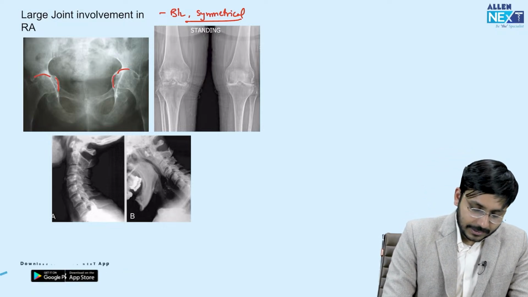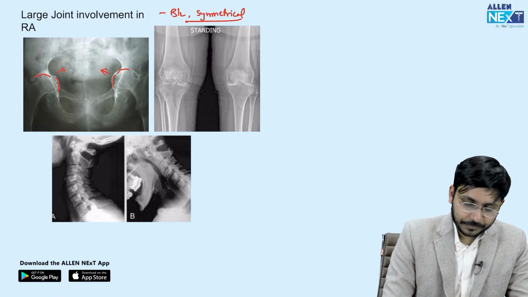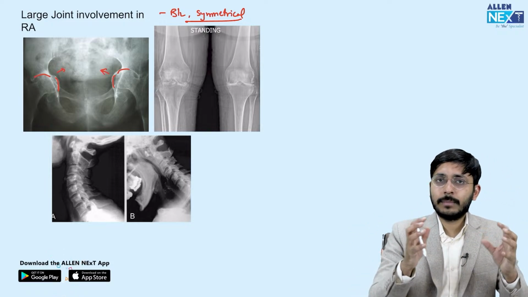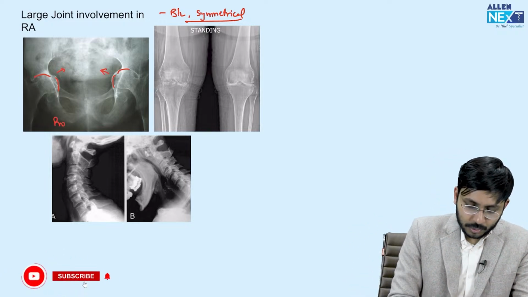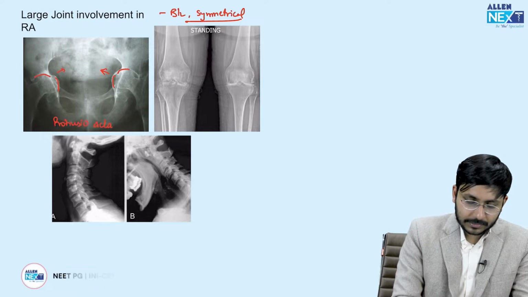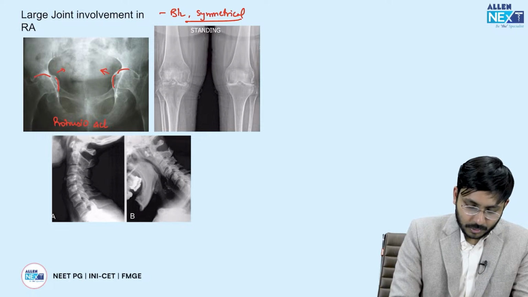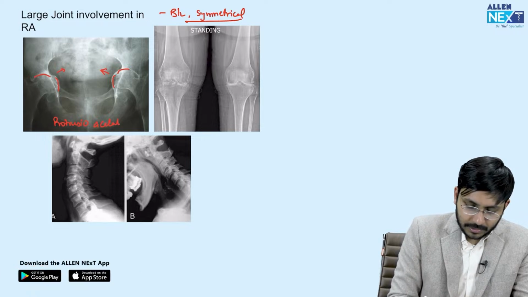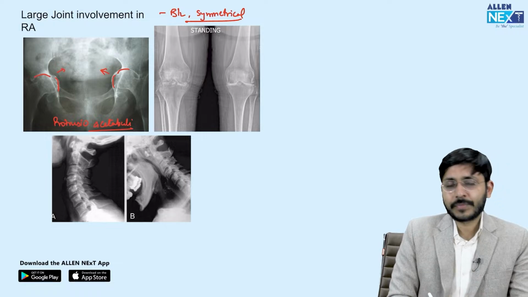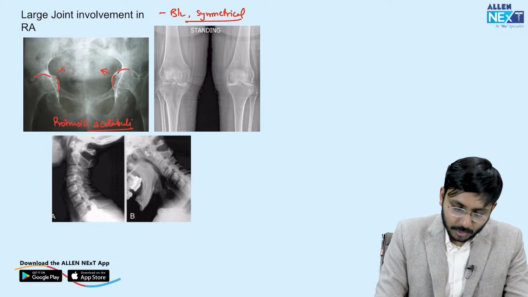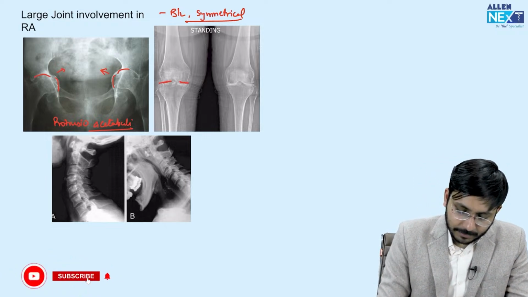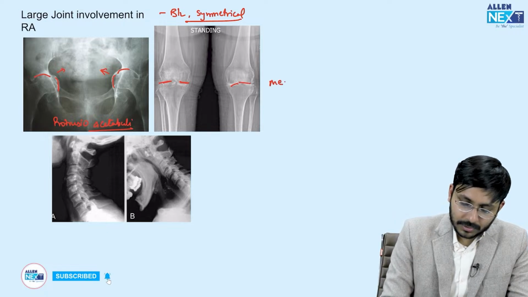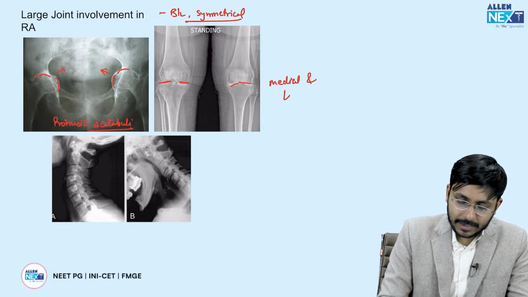And we see that the bilateral acetabuli are protruding into the pelvis. This is the protrusio acetabuli that we see in RA. And similarly in the knee, both the medial and the lateral compartments are involved.